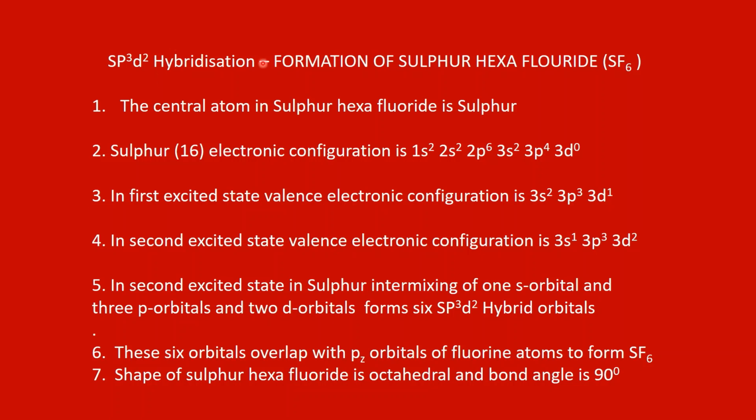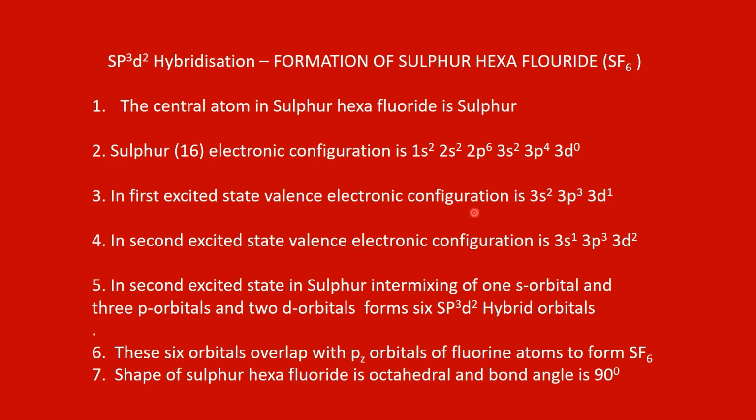Next, SP3D Square hybridization. SP3D Square hybridization example is sulfur hexafluoride SF6. The central atom in sulfur hexafluoride is sulfur. Sulfur atomic number is 16. Electronic configuration is 1s2, 2s2, 2p6, 3s2, 3p4, 3d0.